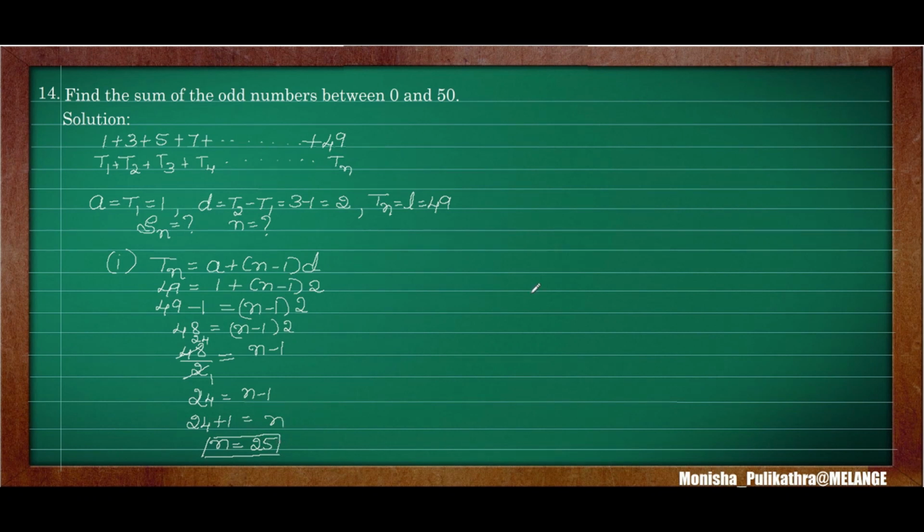Next we need to find the sum of all those 25 odd numbers, so we apply the Sn formula.